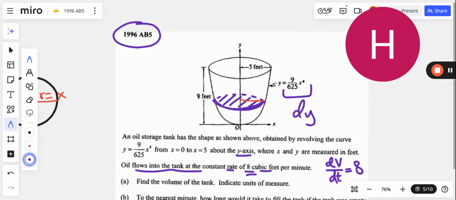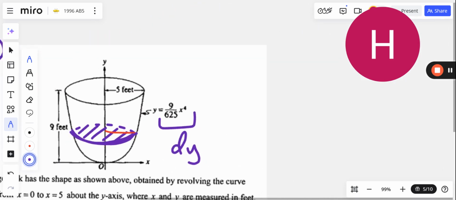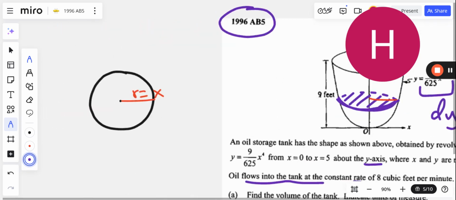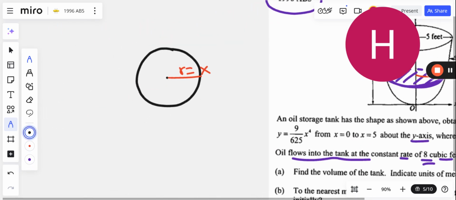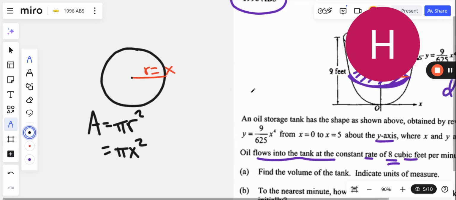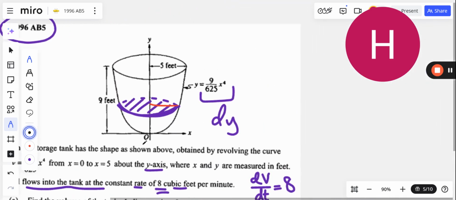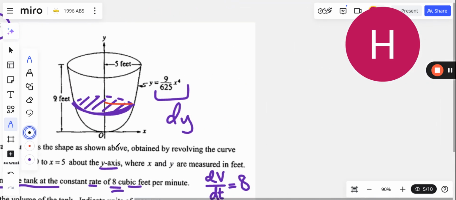Okay, so let's get this solved for x, because the area of one of these discs is pi r squared, or in other words, just pi x squared. So if we can find out what x squared is in terms of y, then we can integrate it with respect to y. Make sense? Okay, so let's take this, and we're going to multiply both sides by 625 and divide by 9.